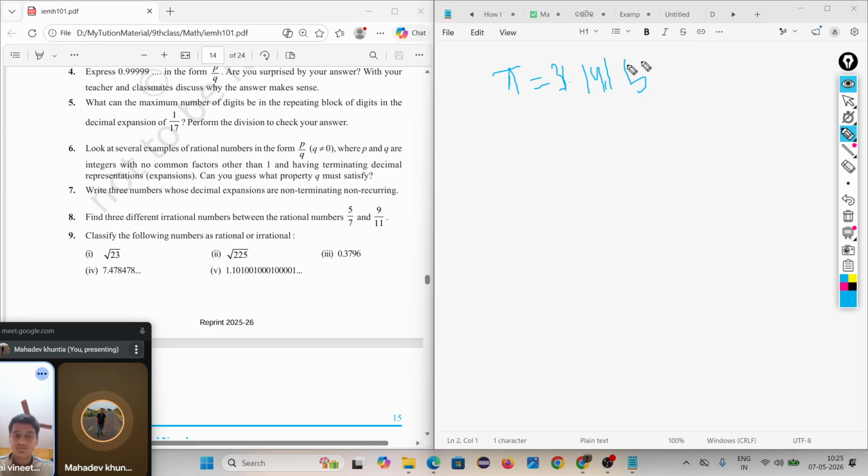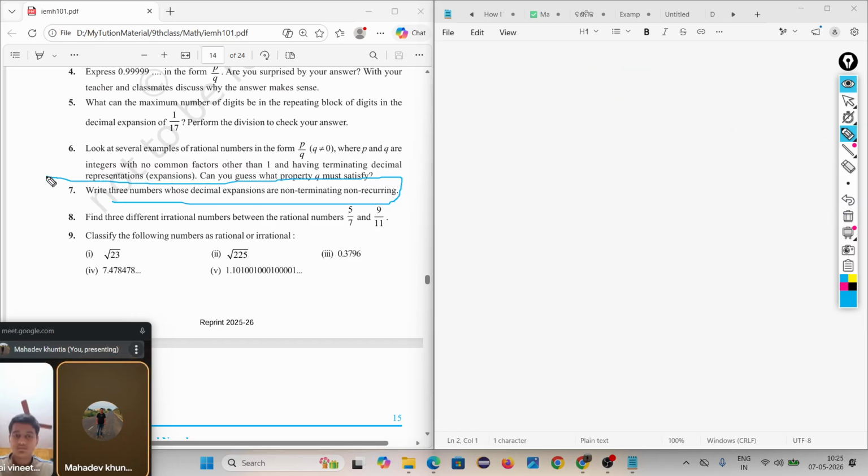You can take any. What is the value of root 2? 1.414, 1.2135. You can take any 3 examples, but whose decimal expansion should be non-terminating and non-recurring. Okay, you understand? Yes, sir. I wrote it already. Okay.